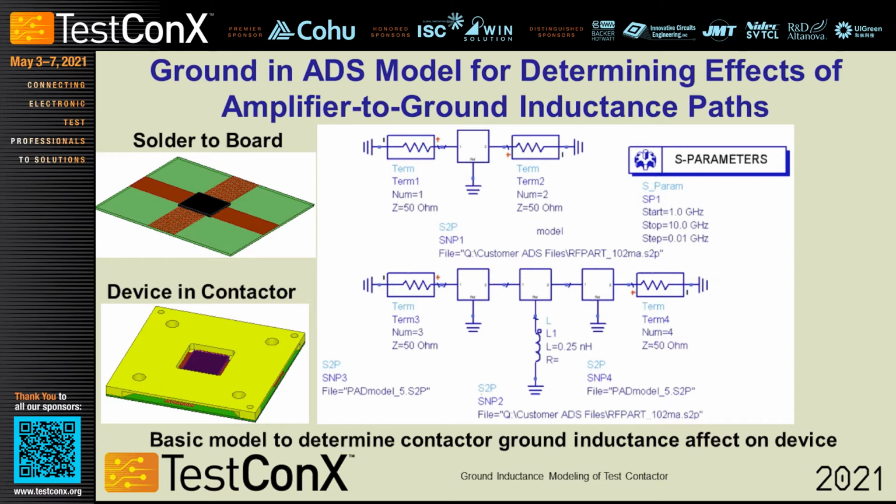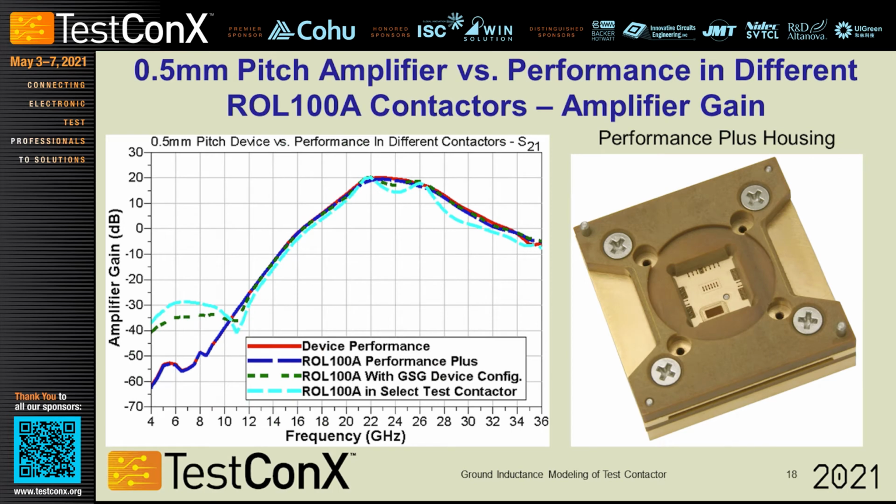Then you have to include the inductance of the device. In this case, the inductance is pretty high, because there's probably just one contactor, one ground connection in there. But this would be how you would model the performance from the device versus the performance inside a contactor.